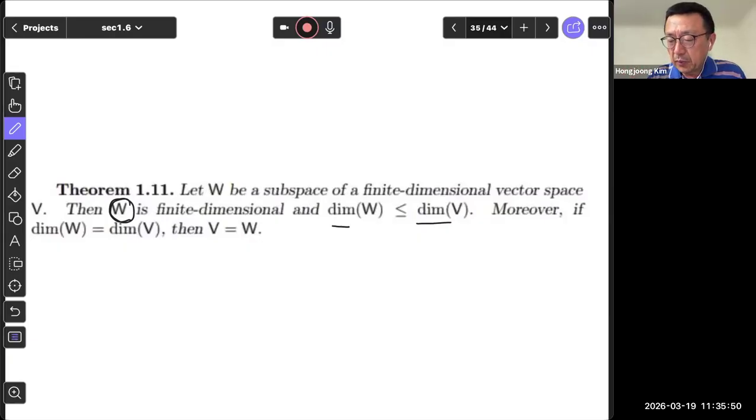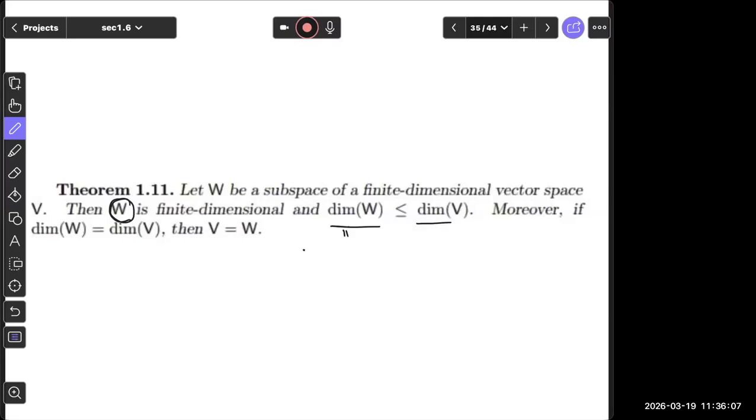The dimension of W is the maximum number of linearly independent vectors in the space. So that's the dimension, right?